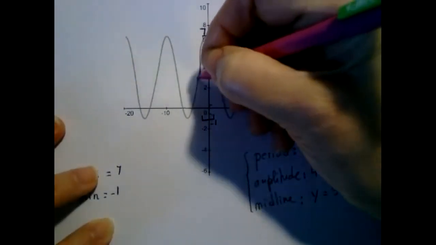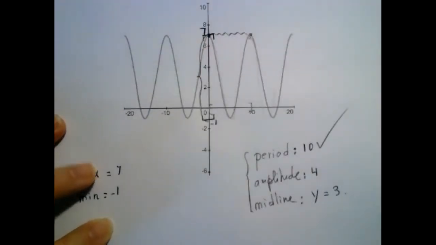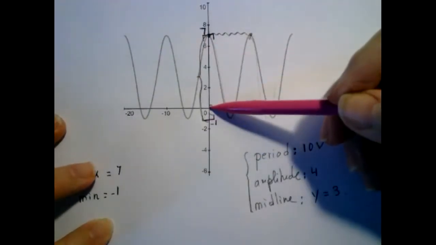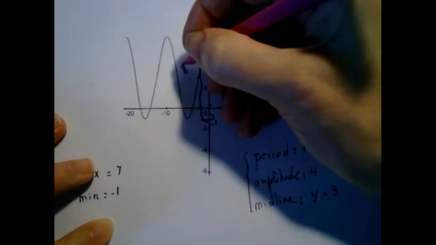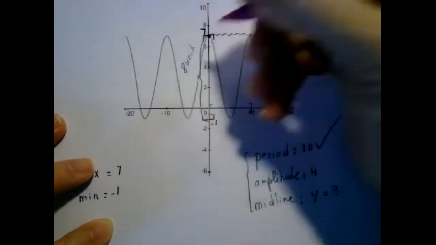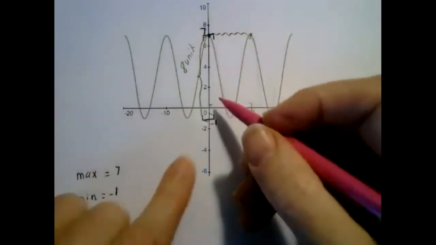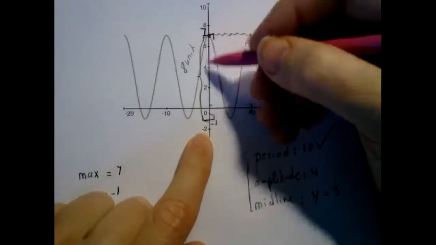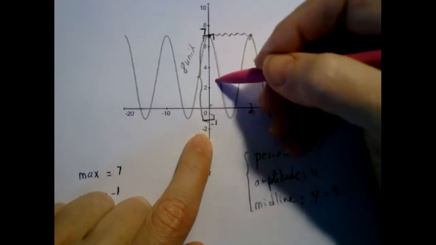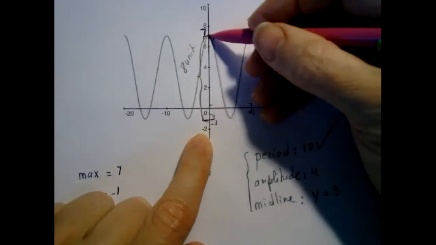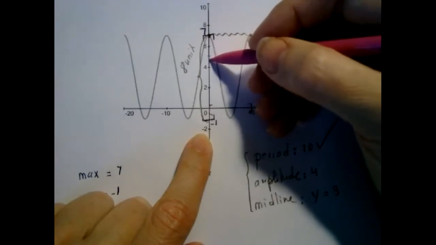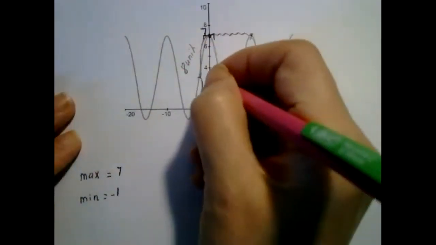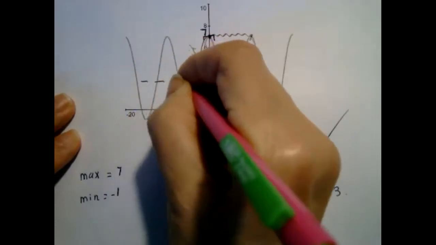Between 7 and -1, how many units do we have? 1 unit and 7, so here we have 8 units, basically. Half of them is 4. So the midline, I can either count 4 from the top or 4 from the bottom. So I need 4 units. This is 1, 2, 3, 4 units. I'm right here. So that's the midline.